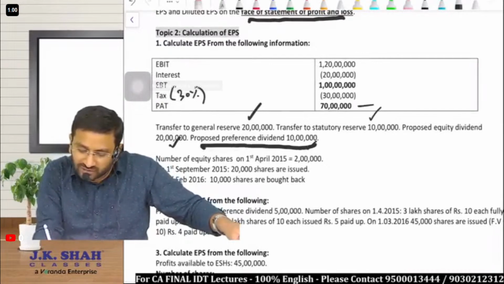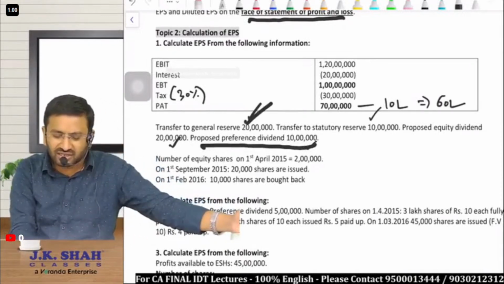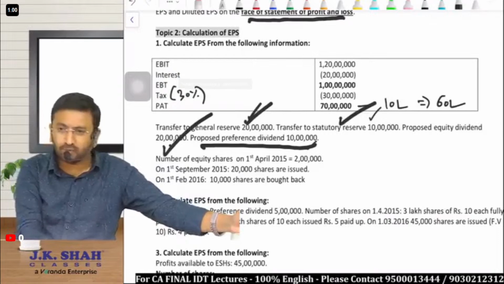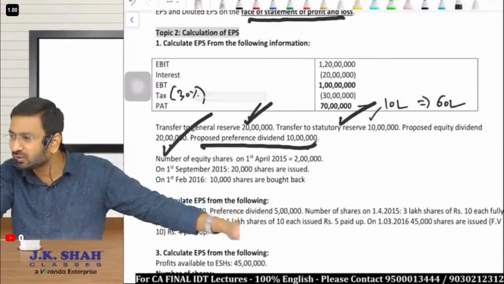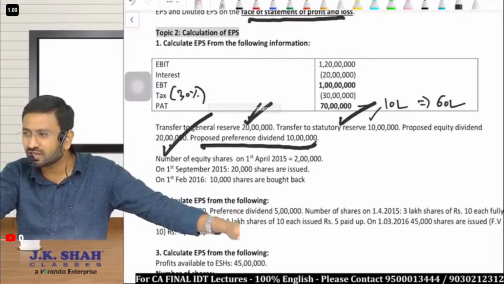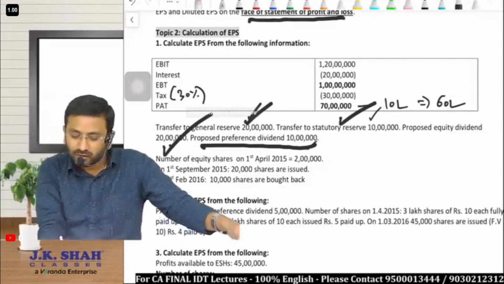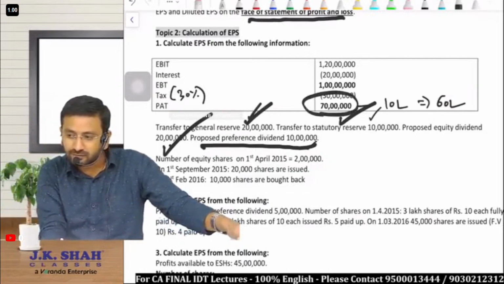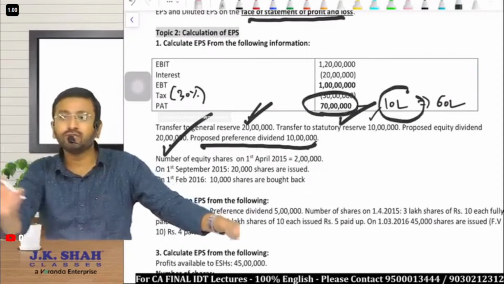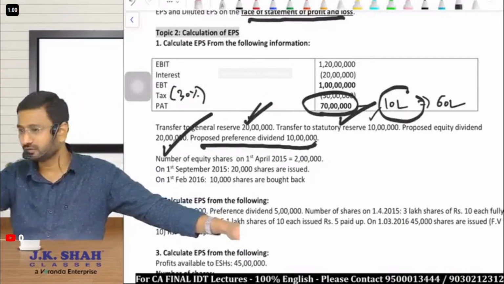So from 70, if I remove 10 lakhs, the profit available is 60. Now the general reserve created, statutory reserve created, proposed equity dividend, all these belong to equity shareholders only. Any reserve is ultimately taken by equity shareholders only. So PAT minus preference dividend will give you earnings available to equity shareholders. That is our numerator.